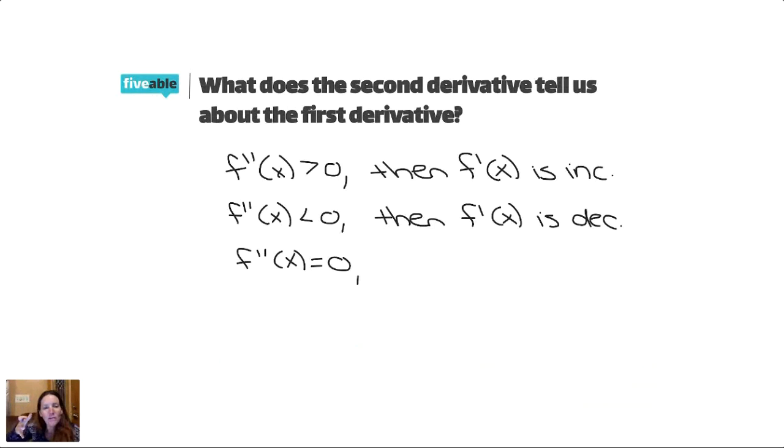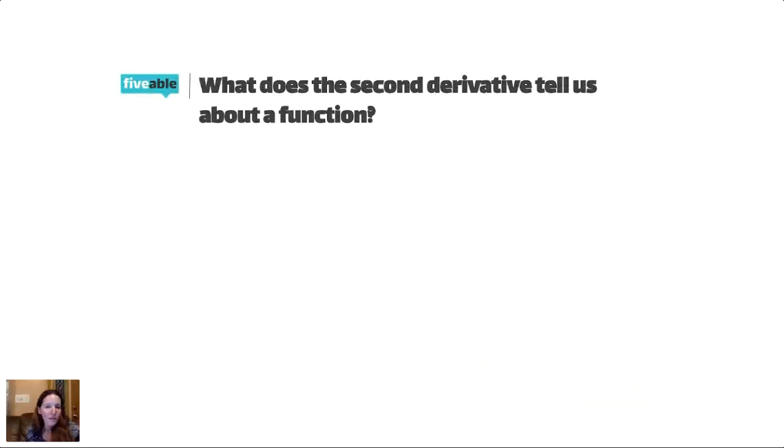But if f double prime of x equals 0, then f of x is going to have a max or a min, or potentially neither, in the same three cases that we had before. I don't want to spend a lot of time on that because this is exactly the same as what we did before. I want to now make the jump to what the second derivative tells us about the function.